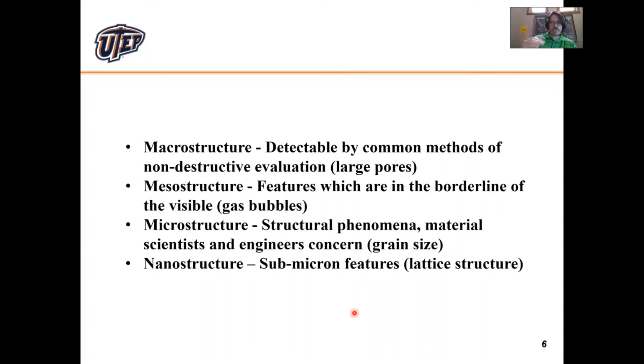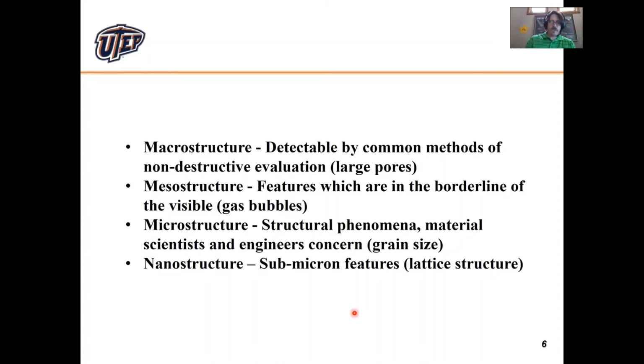Mesostructure, so features which are on the borderline of the visible. Gas bubbles would be one, maybe even grains, depending on the grain size. There are situations where, especially if you're looking at a cast billet, the grain structure is on the macro scale. So there are some gray areas when we talk about this terminology.